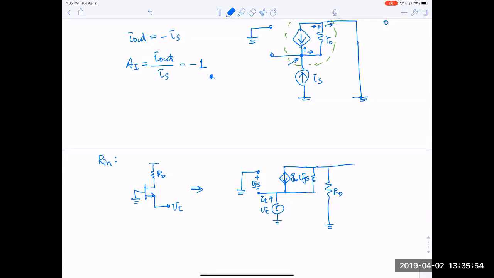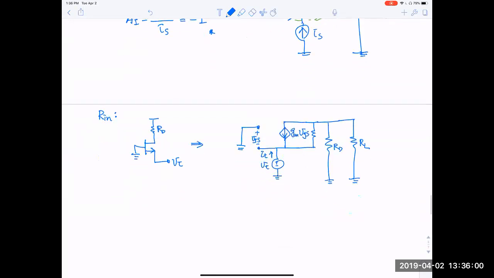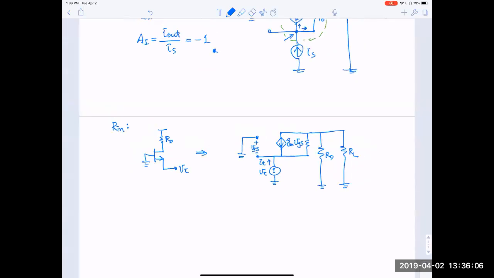We also have RL, which we need to include, and we can combine RD and RL and call these two resistors R prime, which is equal to RD in parallel with RL.